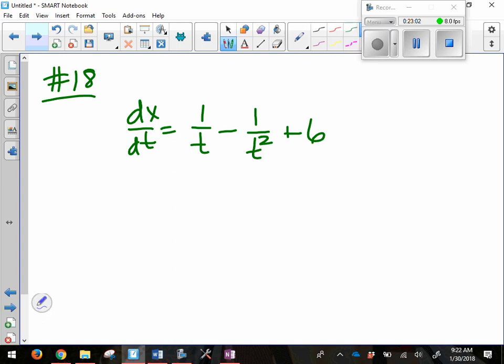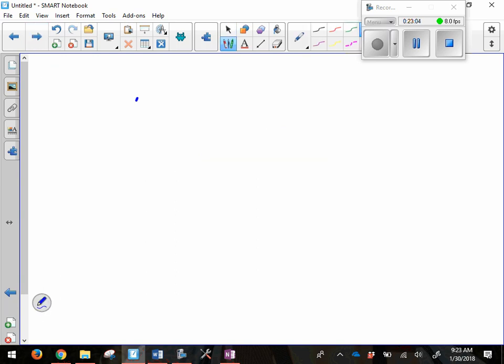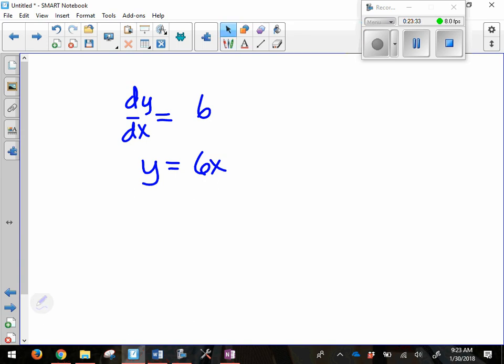So just to kind of review what we've talked about before, if the derivative was 6, okay, what's the antiderivative of 6 going to be? 6x. Hang on for a minute, okay, which is a what? What shape is the curve? A line. That's okay. All right, so it's a line.